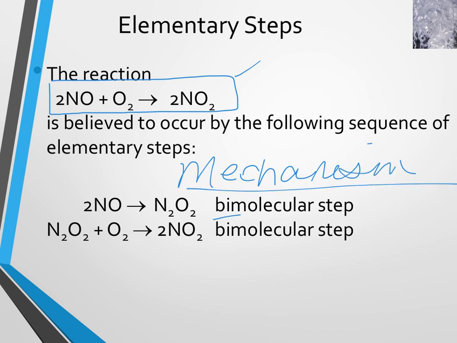The first step is bimolecular, of course, because it involves 2 molecules. They can be the same or different. And the second step is also bimolecular because it involves 2 molecules.